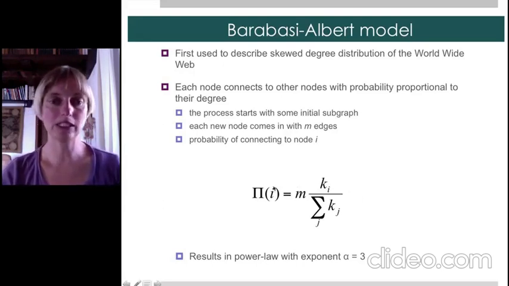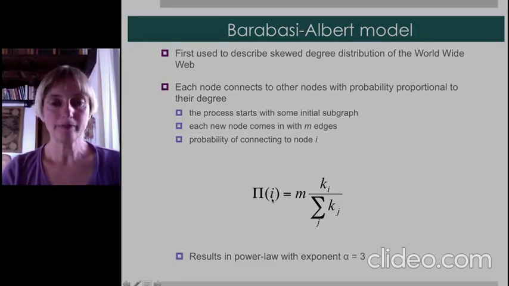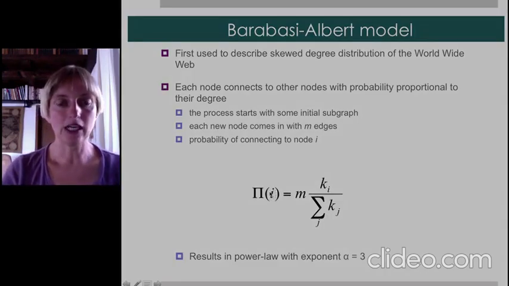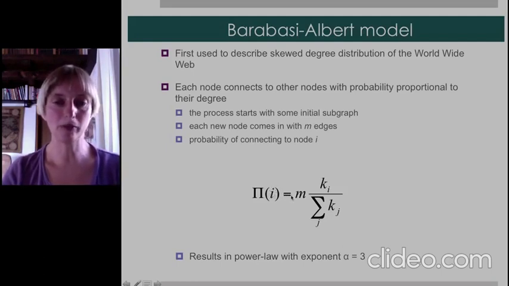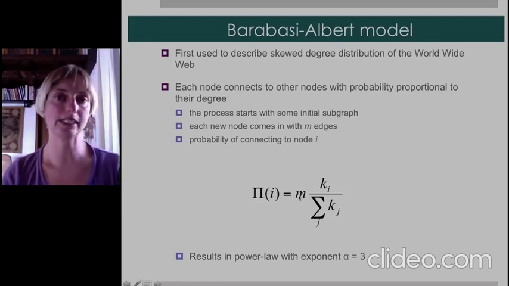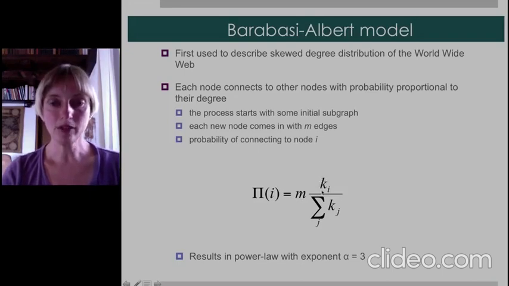And so this probability here, that a given new node is going to connect to node i, is going to be equal to m, which is the number of new links it has to add, times the degree of node i over the sum of the degrees of all the other nodes.